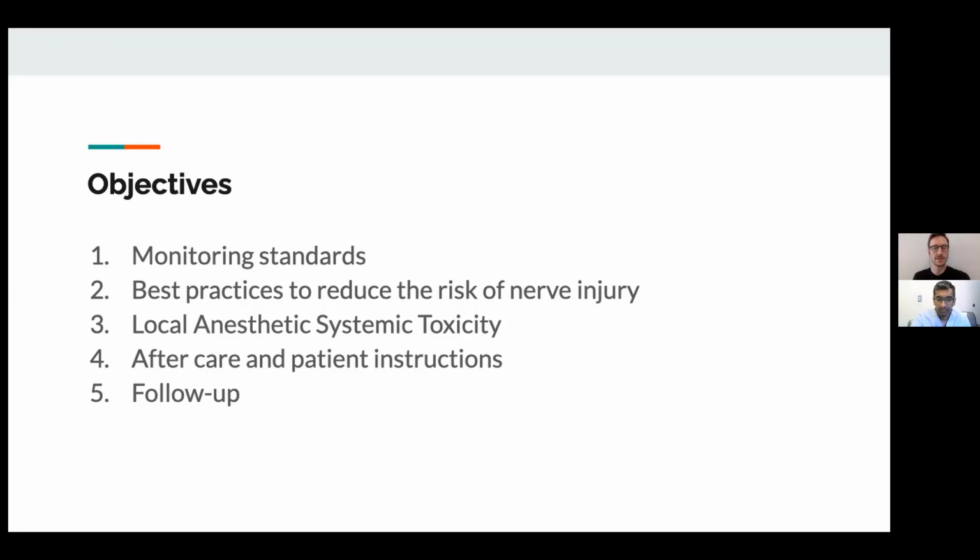And then we'll talk about what we do at St. Paul's in terms of aftercare for our patients when they're going home, particularly for same-day or ambulatory cases. And then we'll talk about our follow-up as well, in terms of how we follow patients up after regional blocks, and what we might do if something concerning is detected on follow-up.